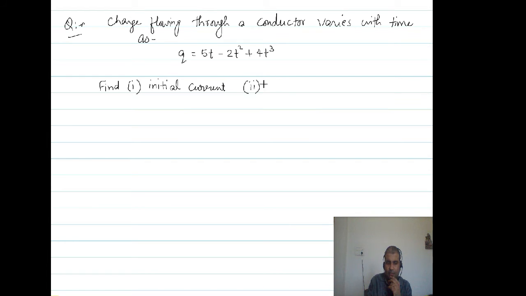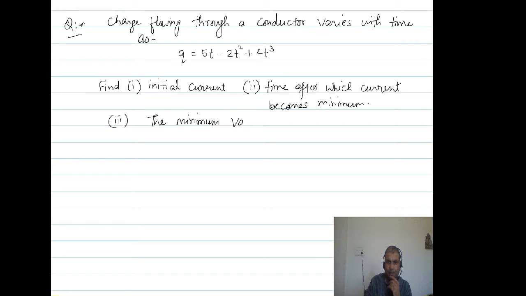And we are also supposed to find the time after which current becomes minimum, and we are also supposed to find the minimum value of current. Part second and part third are related with each other.